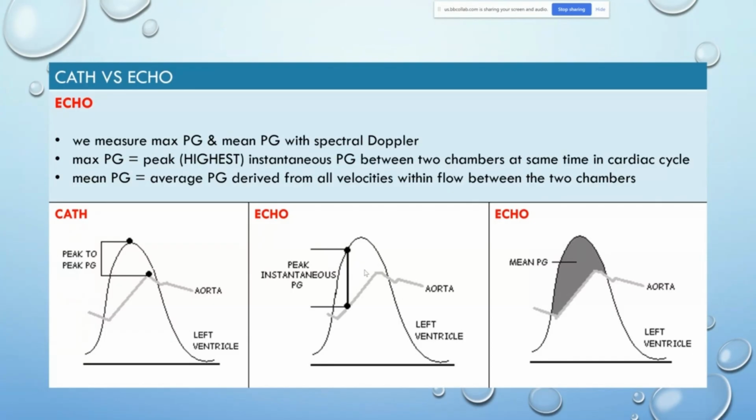The mean pressure gradient gives you the average pressure gradient that we get from all the velocities within the flow at that particular time in the cardiac cycle within the chambers that you are interrogating.